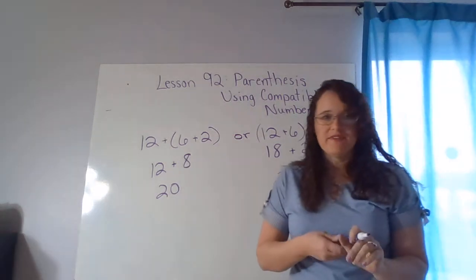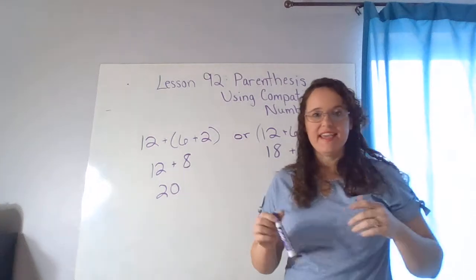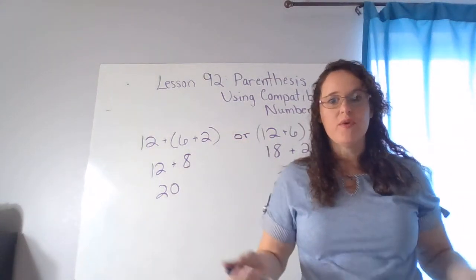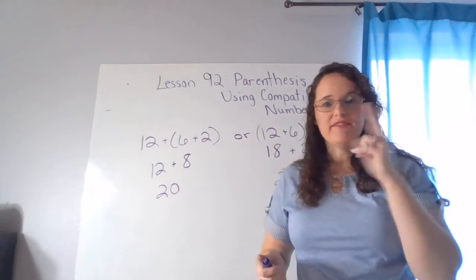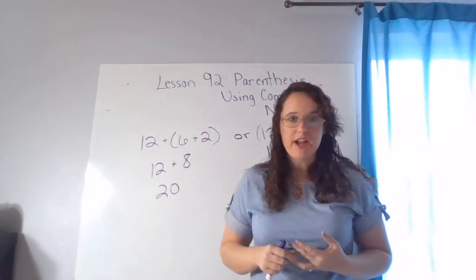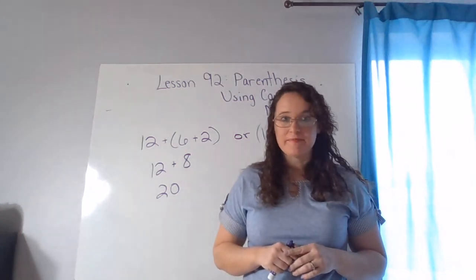So I know that we've talked about this in other addition lessons. When we're adding, it doesn't matter what order we add our numbers in, you're going to get the same answer. We can flip-flop our addition numbers all the time. Can we do that with subtraction? No. Can we do that with division?